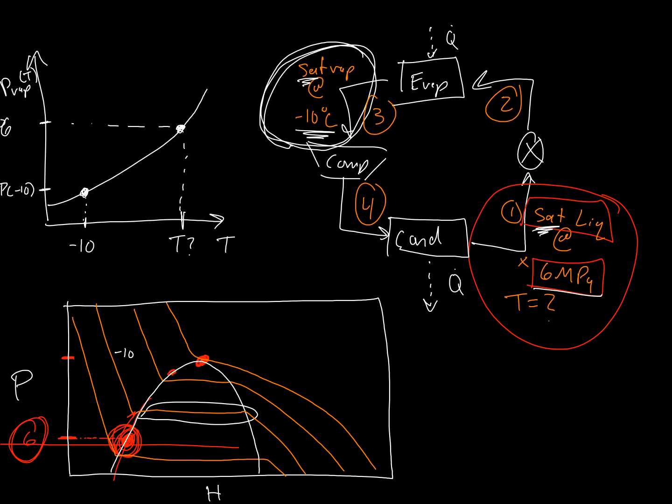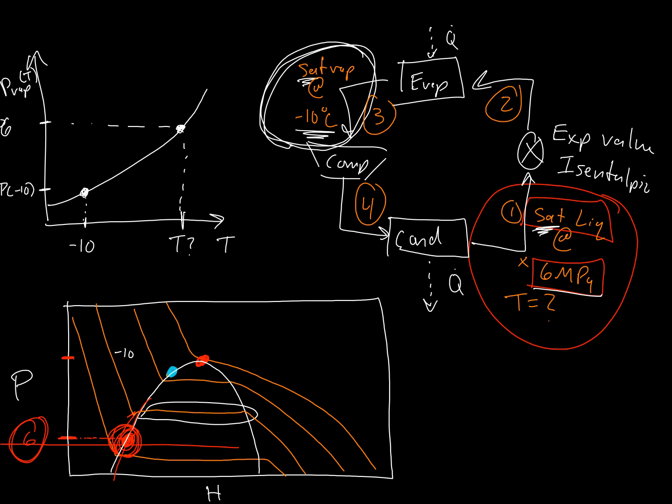Okay, so on the problem statement, this is the expansion valve. And it said it's isenthalpic, meaning that the delta H is 0. So in this problem here, we are a saturated liquid at 6 megapascals. And in the actual solutions, I think it's right here. Let me change it to a different color so it stands out a bit.